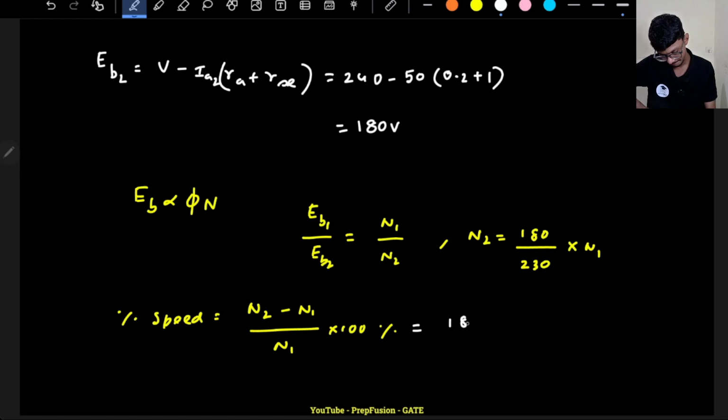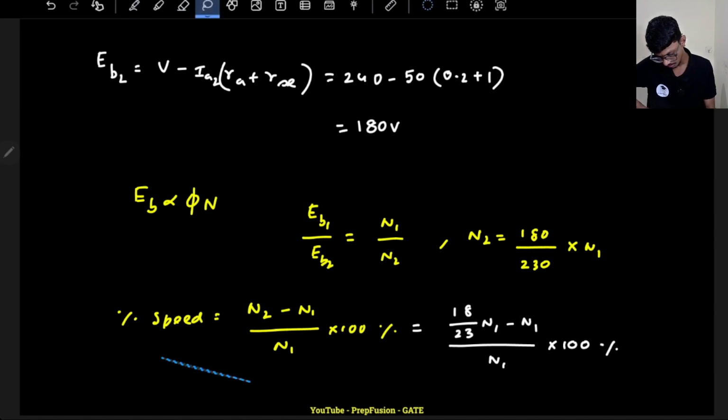So this will be 180 divided by 230 into N1 minus N1, divided by N1 into 100%, right?